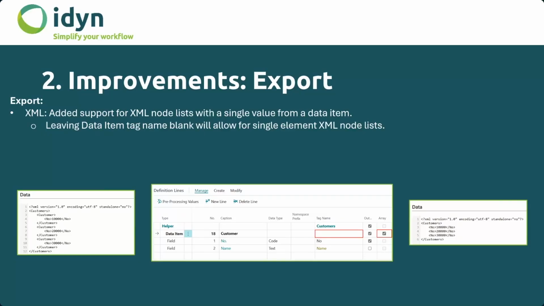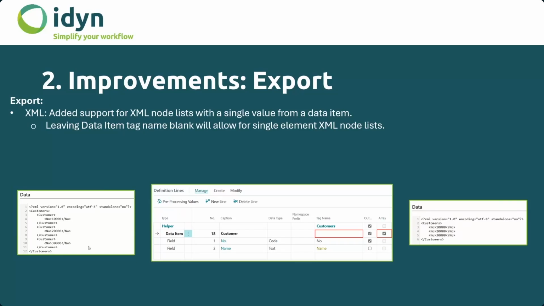Previously, on the left side, we always had the export where the data item would always generate an XML node, and the elements below that within that node. So we had a customer node with a number element within it.